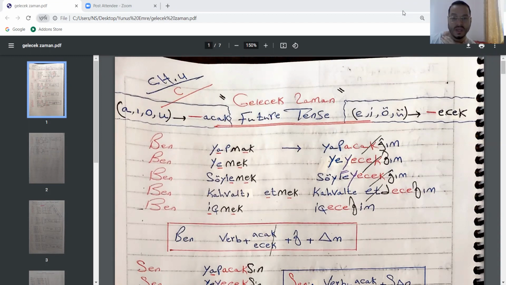Today we will try to explain all the important things related with gelecek zaman, that means future tense. I will take all the pronouns. We know in the Turkish language we have six pronouns: ben, sen, o, biz, siz, onlar. And I will focus on how we can use this form, gelecek zaman, for future tense, with not and without.